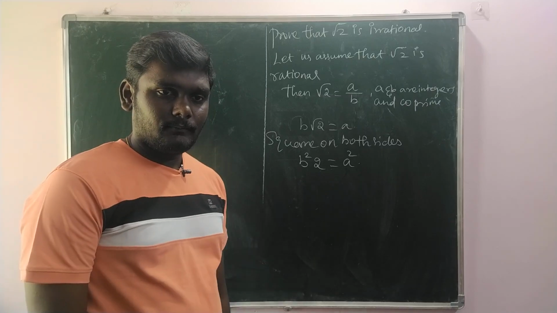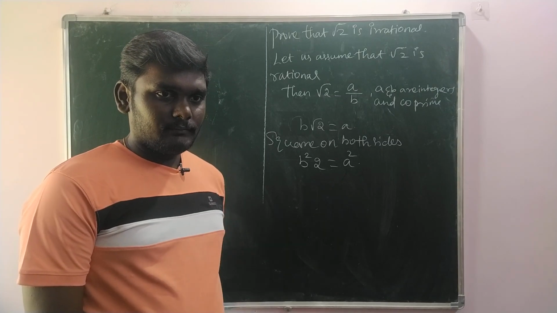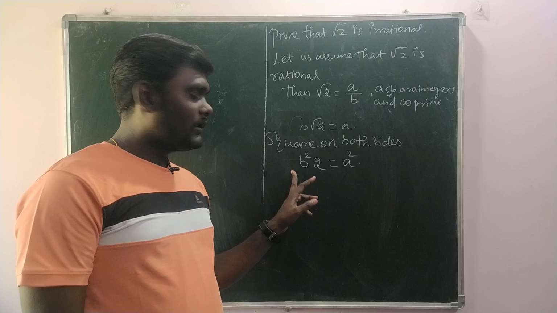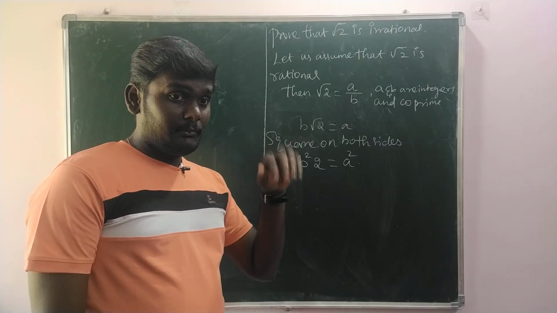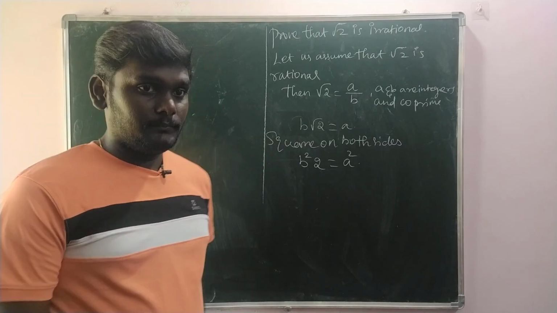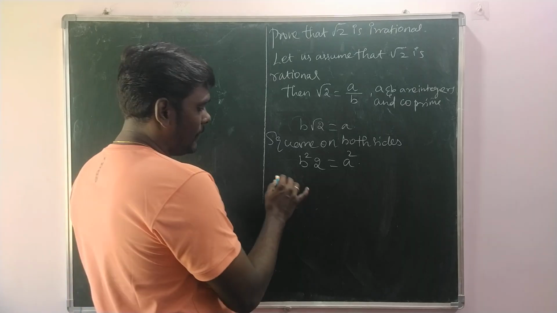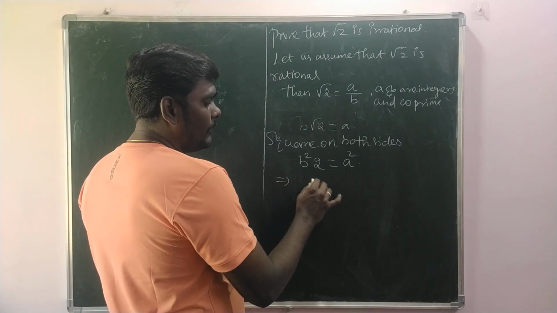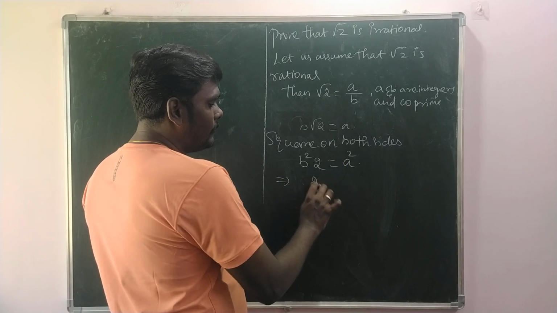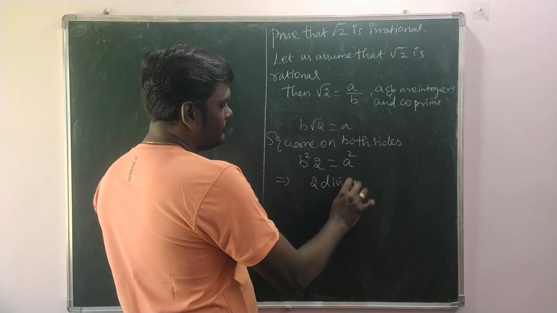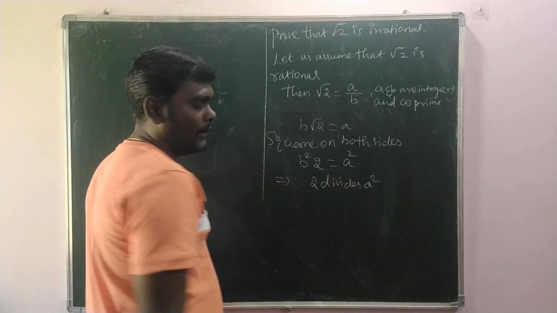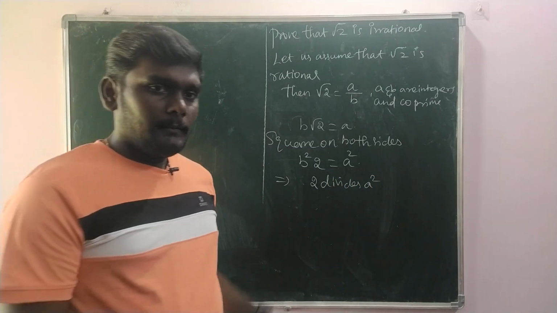Is it or not? A square is 2 into some number. Whenever a number is 2 into something, it's a multiple of 2. Then from this, shall we say 2 divides a square? Meaning what?